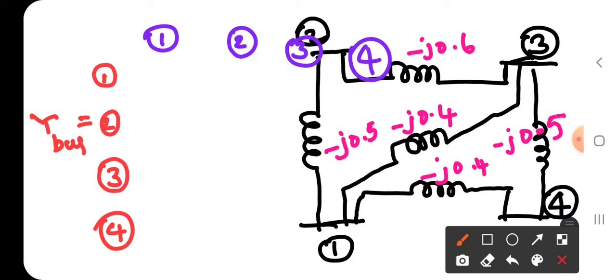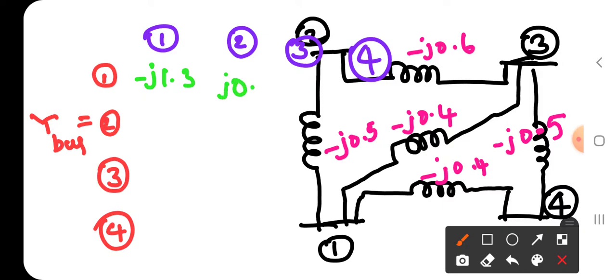Okay, so first one, 1 1, in the sense we already calculated the various elements connected to node 1: J 0.5, 0.4, and 0.4 plus 0.5 plus 0.4, that is 1.3. That means minus J 1.3. Next, between 1 and 2, 1 2, so J 0.5 is there.